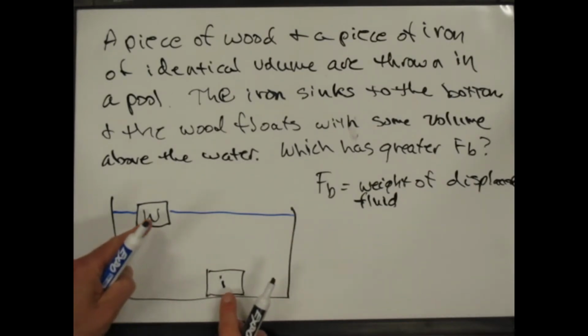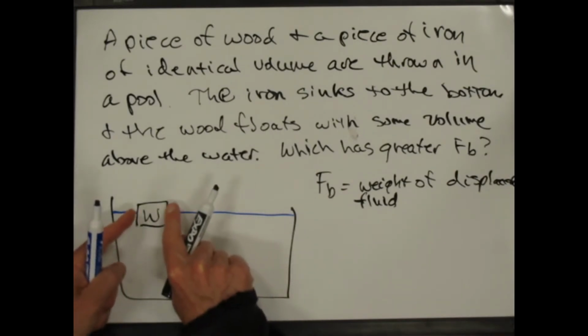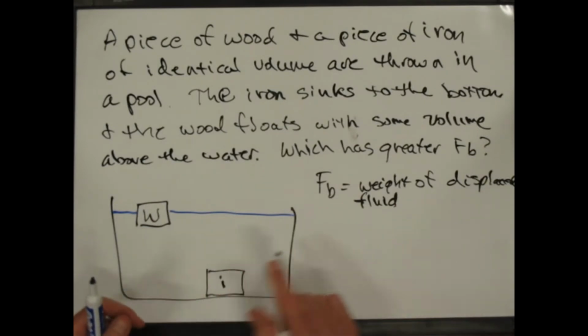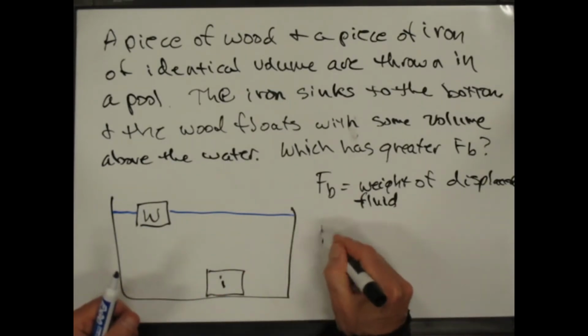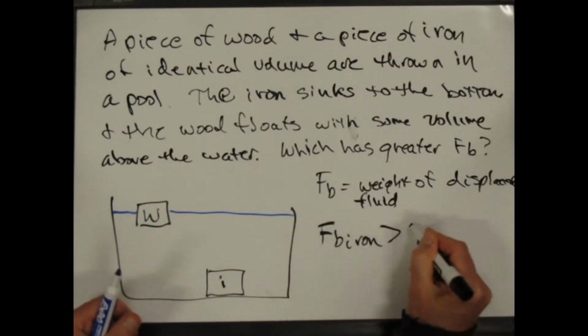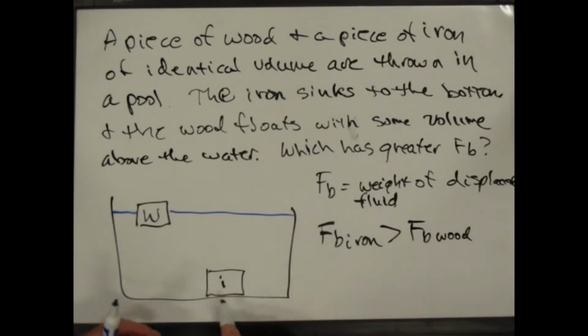Since they have the same volume, the iron is clearly displacing more fluid because some of the wood is sitting above the surface of the water. And so that says the buoyant force acting on the iron is greater than the buoyant force acting on the wood.